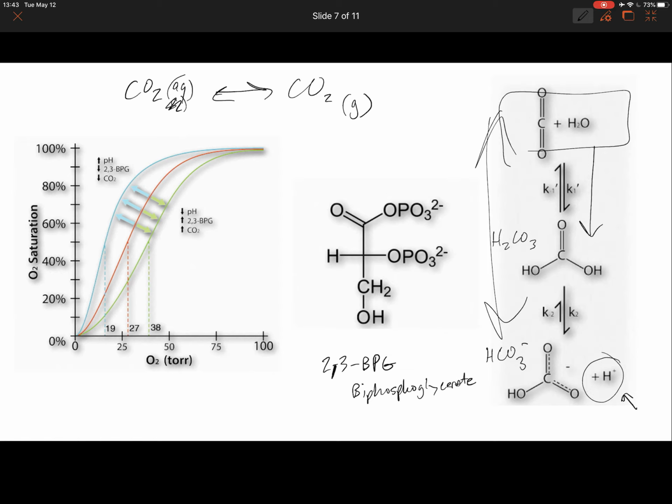I think we'll talk about this more later. But thinking back to the lecture we had about buffers, and I'm hoping you read the chapter on that, the book talks about the two kinds of buffers that we have. One is the bicarbonate buffer that we have in our blood, and then we have a phosphate buffer that we use in our cells. Anyways, I just thought I'd throw that in there.